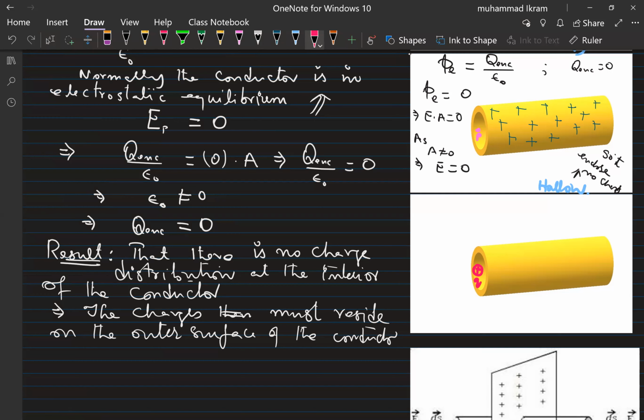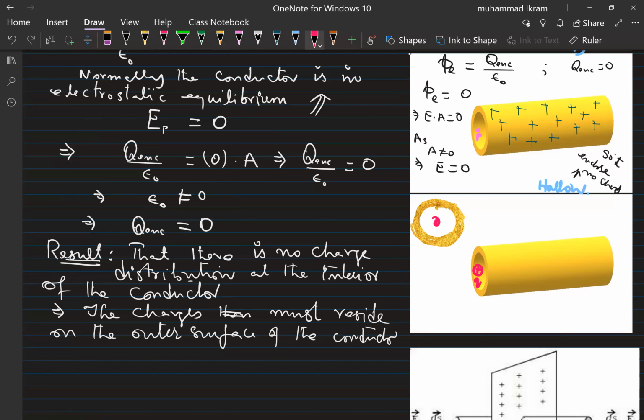Let us see, for example, the front view of this conductor, which encloses a positive charge, like this one.